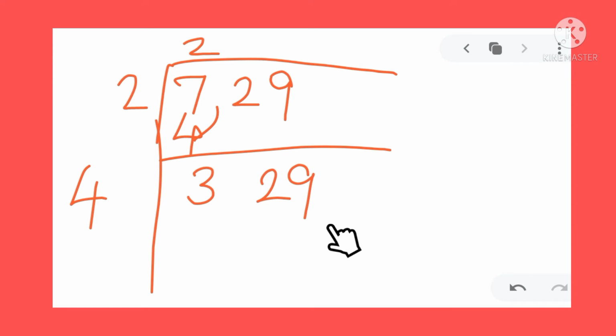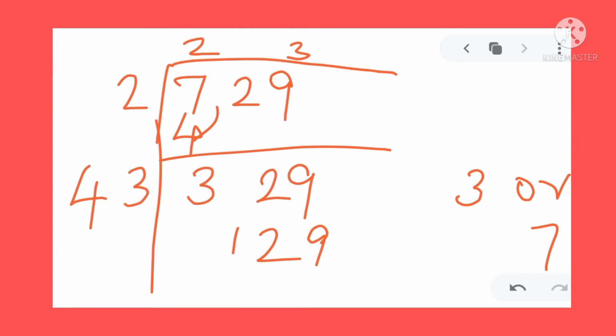Since the number is ending with 9, it is either 3 or 7. First we check whether 3 works here. Then 3 3s are 9, 3 4s are 12. So the difference is very large. So we check whether it is satisfied for 7.